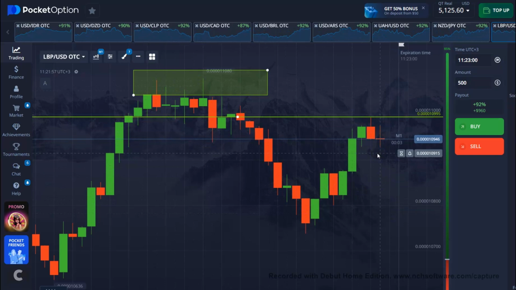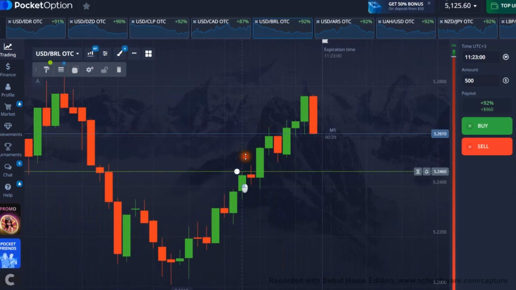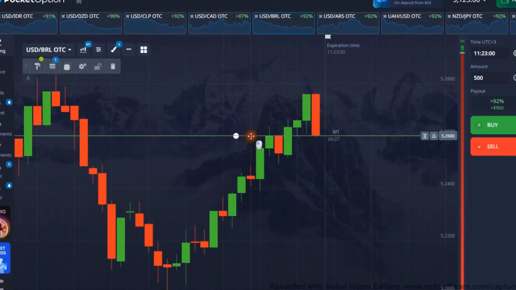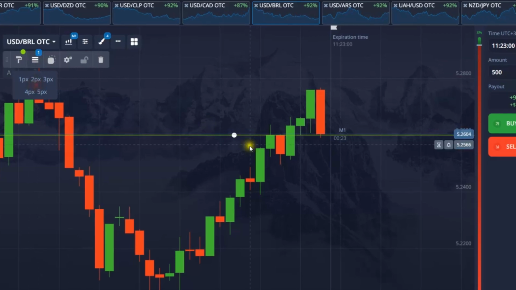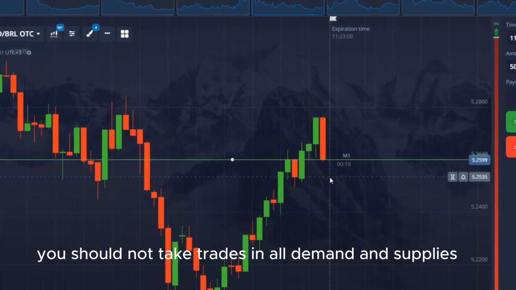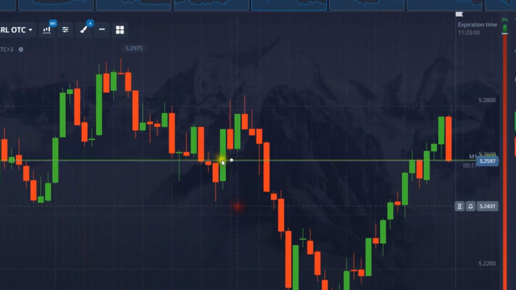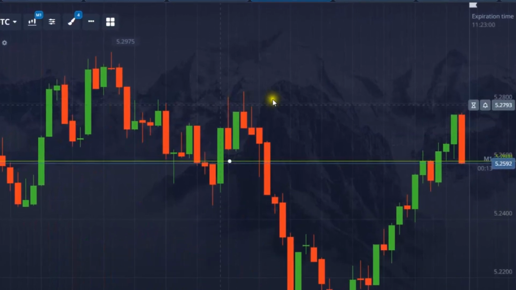So let's look for another opportunity. Okay, I am not going to take this one and I'll tell you why. This is a good demand area, but if you look at the past of the market, you can see that the market is coming from a strong resistance area.